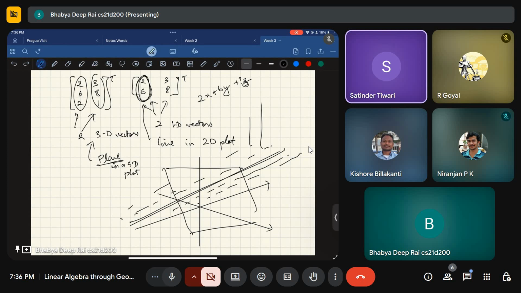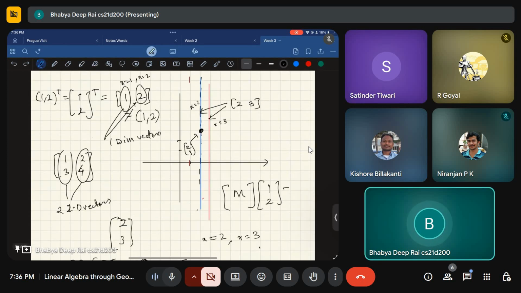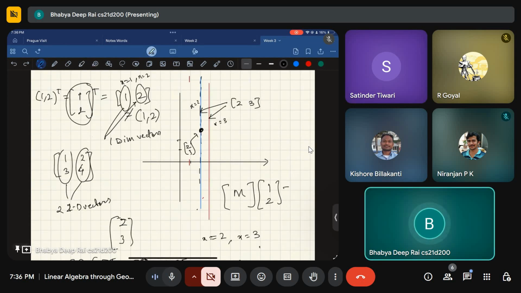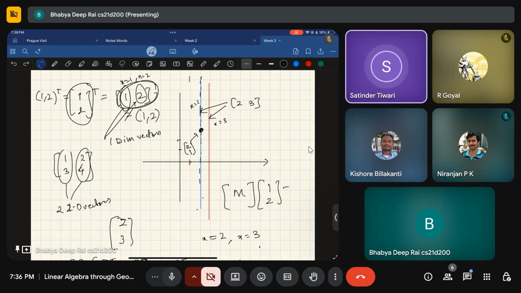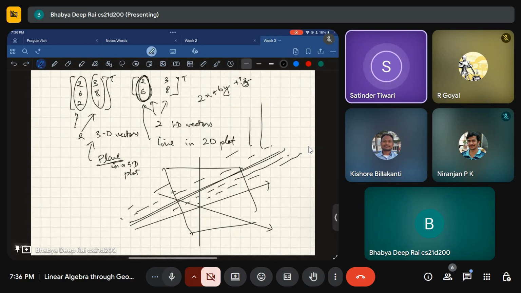You got back to where you were. No, no. So it means this 2D space we have converted to 1D space now. It is just a single scenario we are seeing.